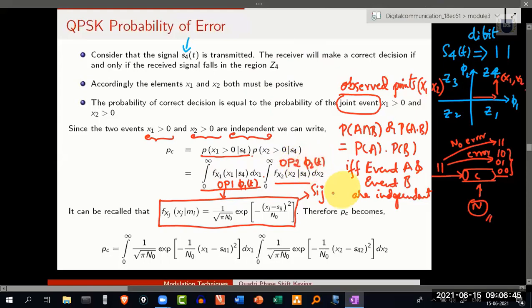Because of which, because we all know that j represents the basis function index, here I'll write j equal to 1 for phi 1 of t, and over here I'll write j equal to 2 for phi 2 of t. And because i represents the message being transmitted, and we have assumed that S4 has been transmitted, in place of i we substitute 4.